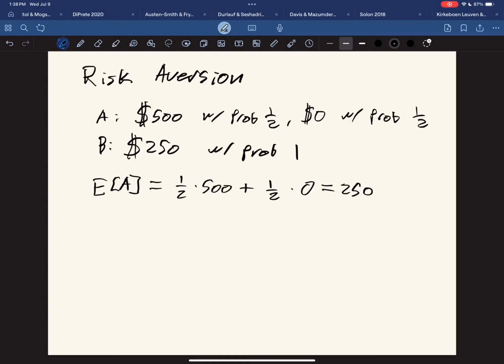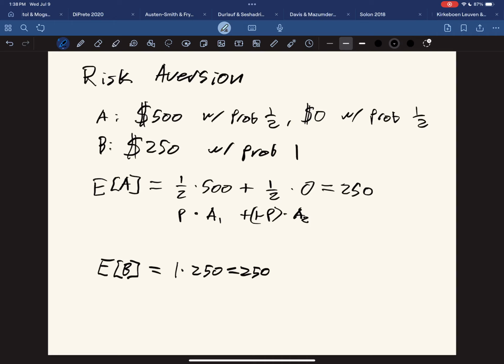Again, this is P times A1 plus 1 minus P times A2, where in this case P is 1/2, A1 is $500 and A2 is 0. And the expected value of B is just 1 times 250, which is equal to 250. So these two lotteries have the same expected payoff.